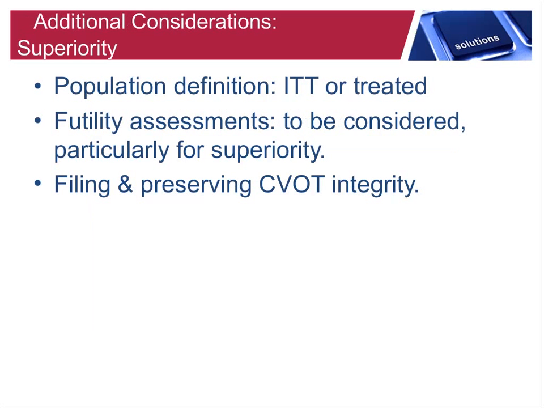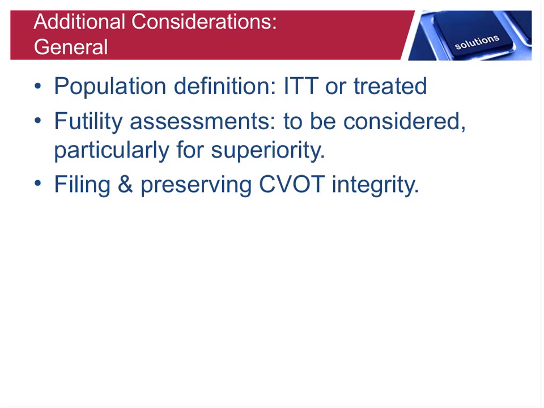So then, I think this is the final slide of this section. There are just a couple other things to consider. One is the population definition. As we know, usually for superiority trials, the ITT population is required.